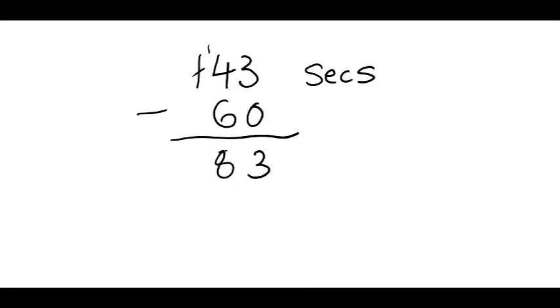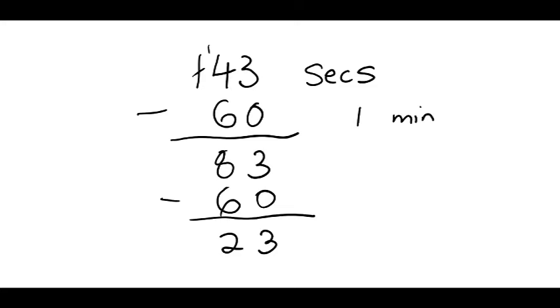Now that is still larger than 1 minute. I still have another minute to go. So I can take another lot of 60 off, which I will do. That will leave me with 23 seconds. So here I have 2 minutes because I've taken away 2 lots of 60, and 23 seconds. That's how you can convert seconds to minutes.